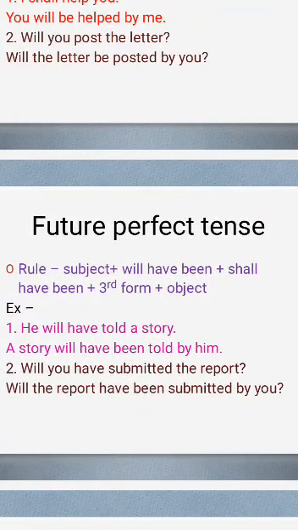Second example is will you have submitted the report? When we change into passive, we write will at first. Will the report have been submitted by you? When there is interrogative sentence, we always write the auxiliary at first.